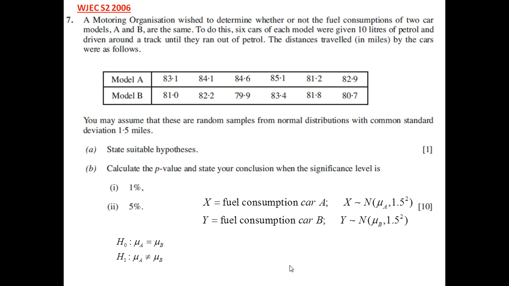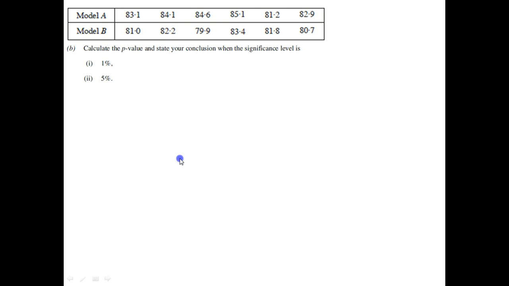We want to check if their means are the same or not. It's two-sided. Therefore, x bar, adding them up and dividing by 6, gives us 83.5. Y bar gives us 81.5. So the difference in means would be those.